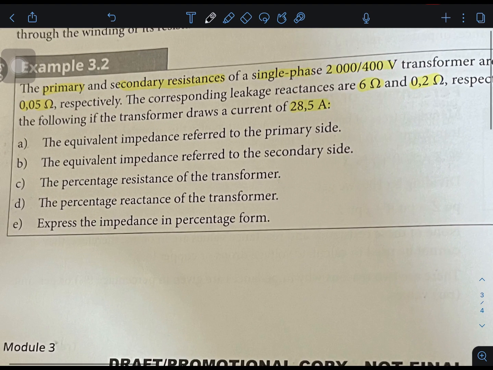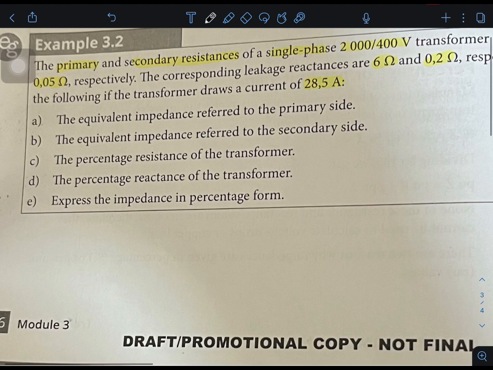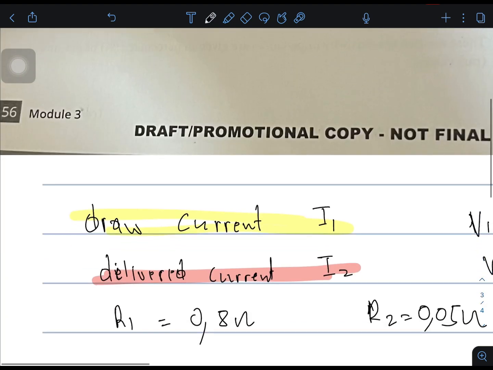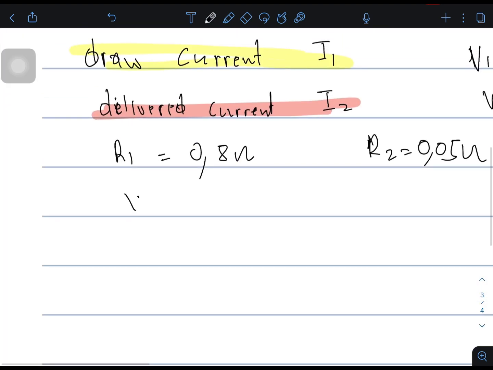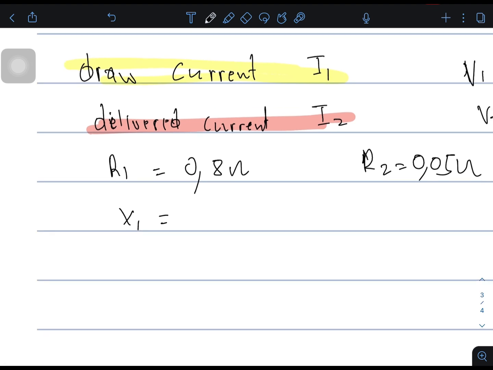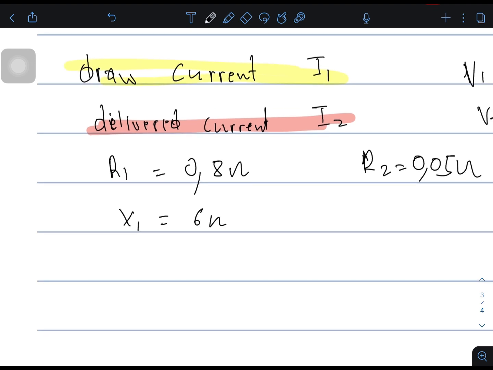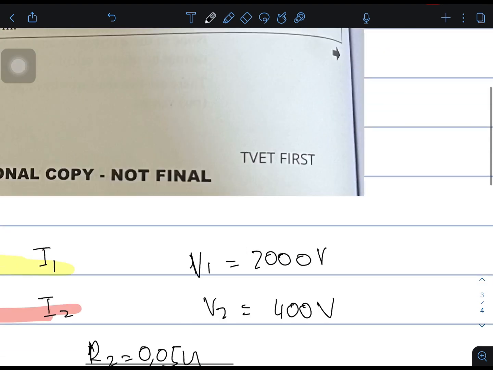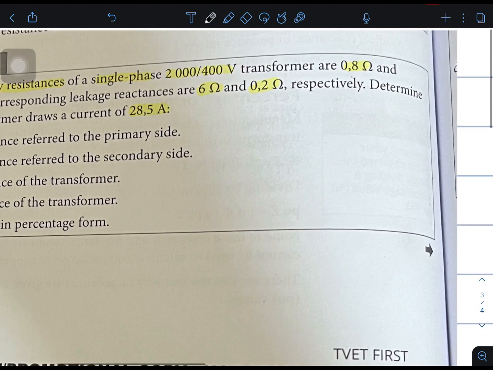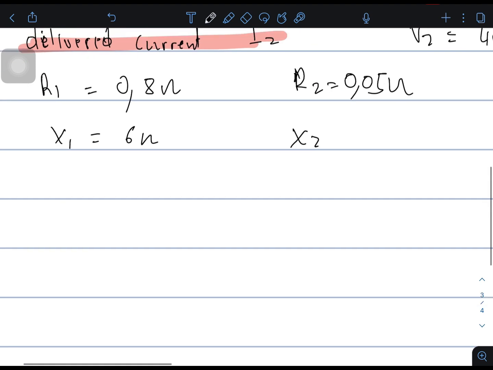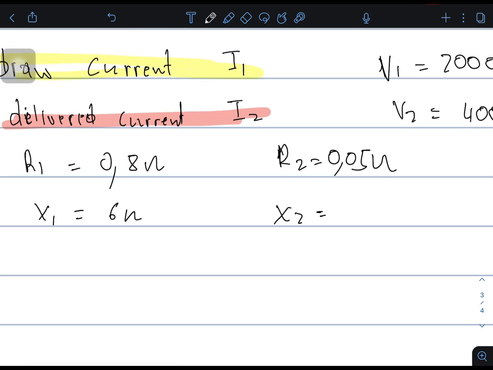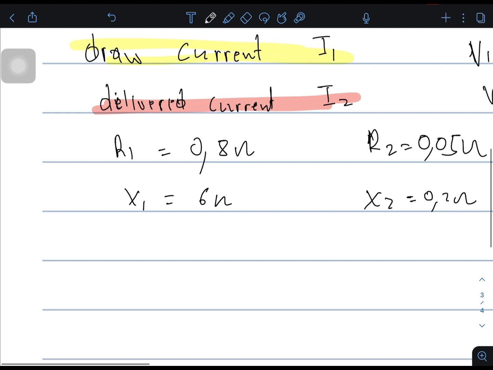Then we have reactances: X1, which is 6 ohms, and X2, which is 0.2 ohms. Okay, fine.